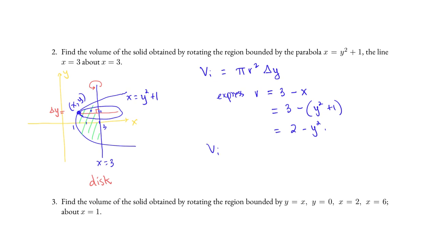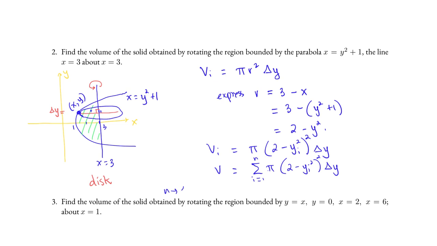The volume of each slice is pi times 2 minus y_i squared times delta y. The total volume is the Riemann sum of pi times 2 minus y_i squared times delta y, as i goes from 1 to n.